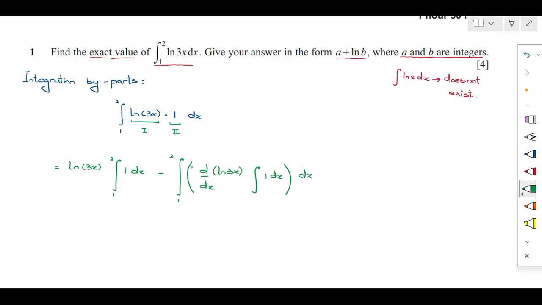So the integration of natural log is not possible, so we apply integration by parts. Take natural log as the first function and 1 as the second function. The first function is as it is, times the integration of the second function, minus the whole integration of the derivative of the first one and the integration of the second one.